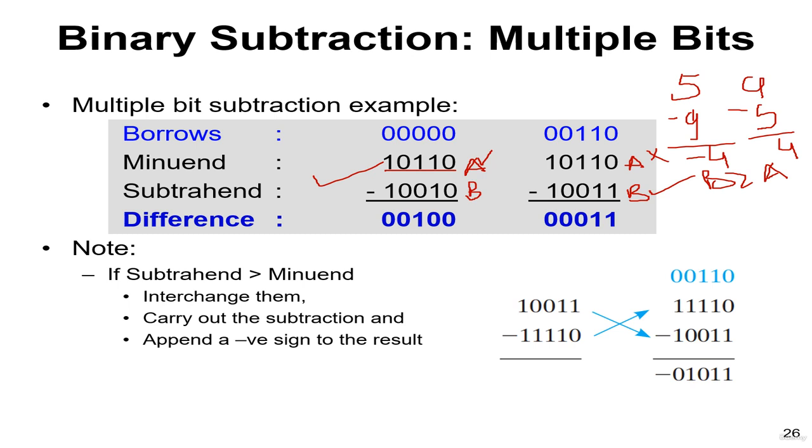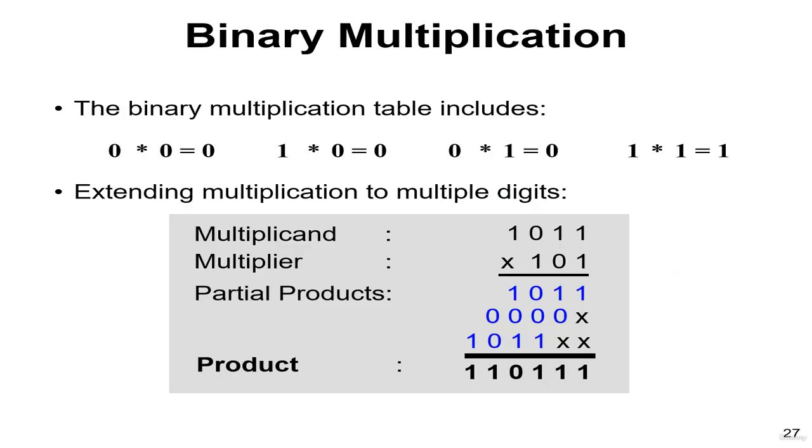This is the same process that we are going to use over here. If the number being subtracted, B, is greater than A, we interchange the numbers, carry out the subtraction, and then we append a negative sign to the result. This is exactly the same process that is explained over here.